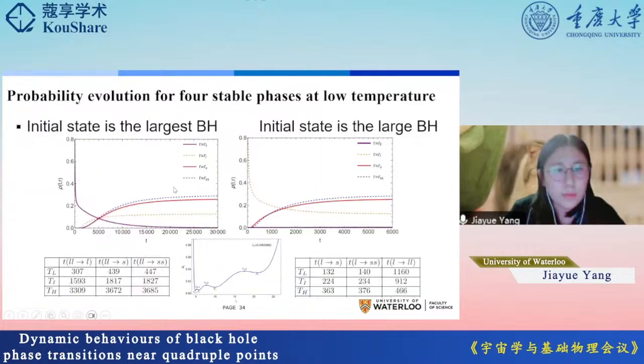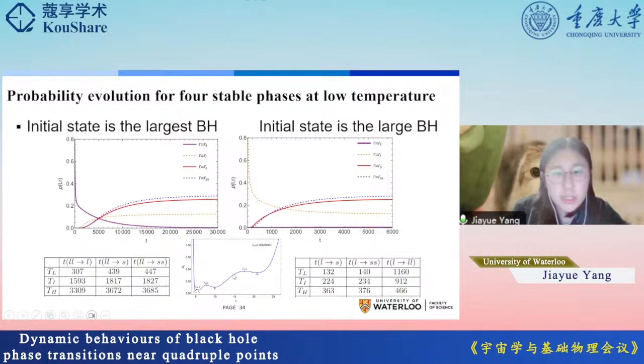So this means low temperature gives a shorter time here, and in the long time, as we can see, the four stable phases all reach a stationary state. It becomes stationary, but it is different from the intermediate temperature one.